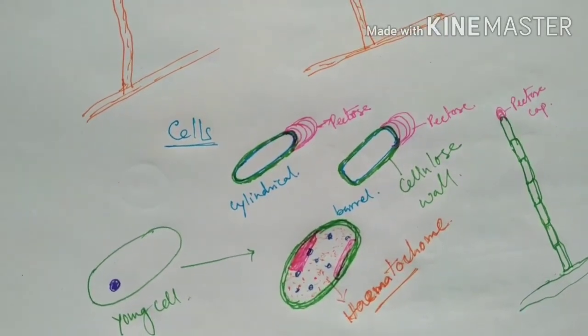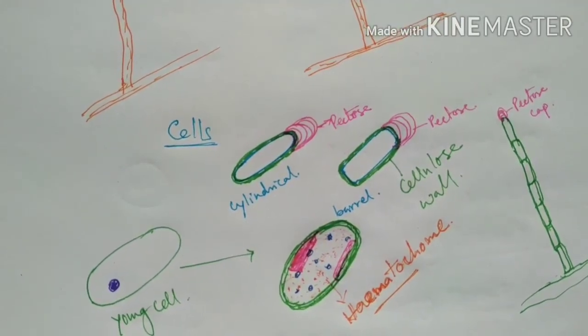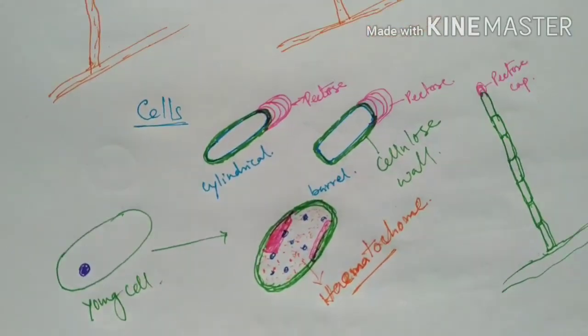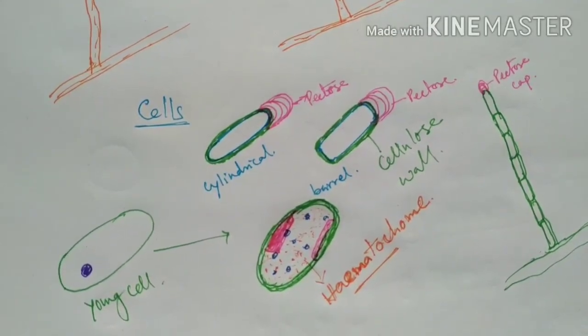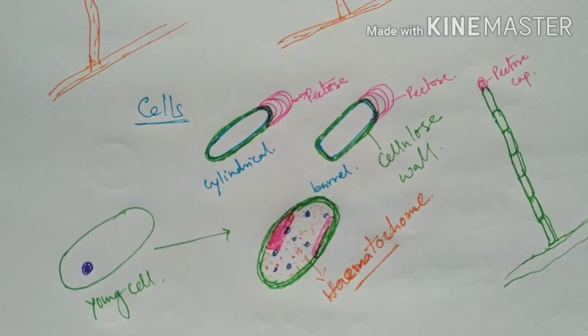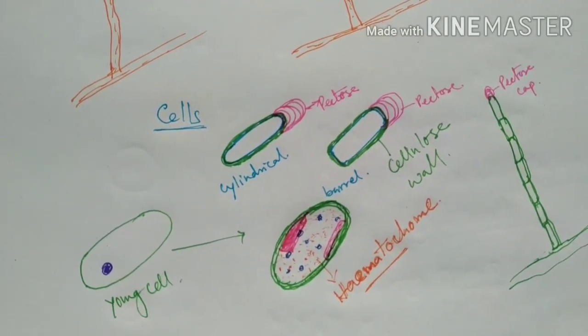And just because of this pigment, the color of the Trentepohlia thallus is slightly orange or yellow type. So this is about the vegetative structure of Trentepohlia.